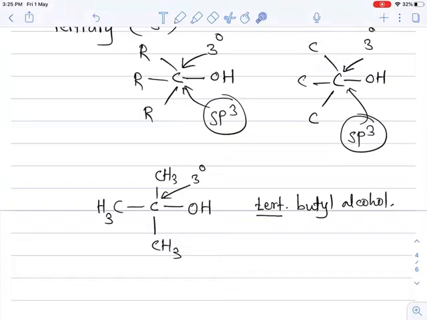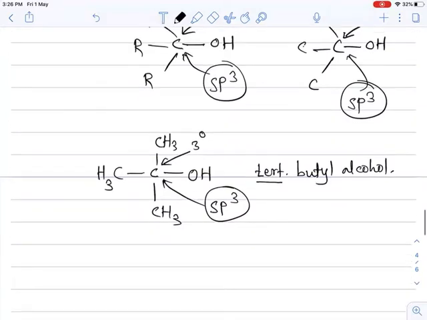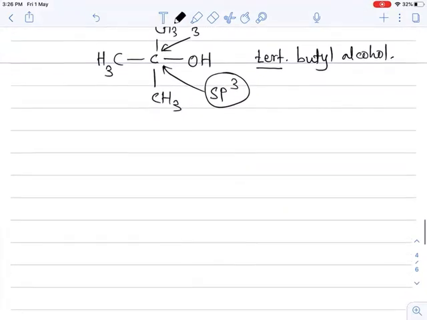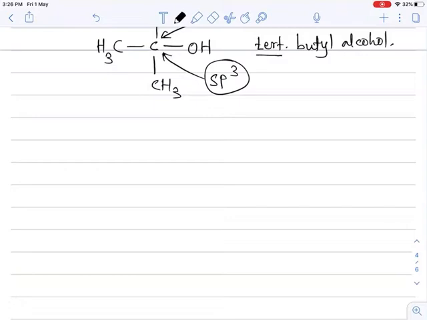Now you observe the carbon which is attached to the OH group is again singly bonded, means it shows which type of hybridization? It is again an sp3 hybridized alcohol. If we take one more example, we take here a tertiary carbon to which the OH group is attached. So what is meant by tertiary?